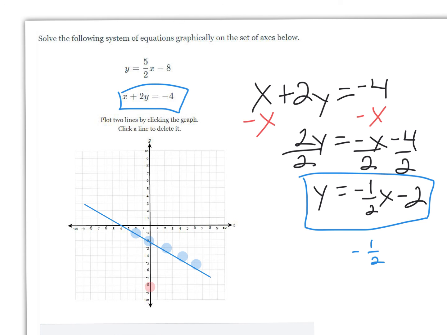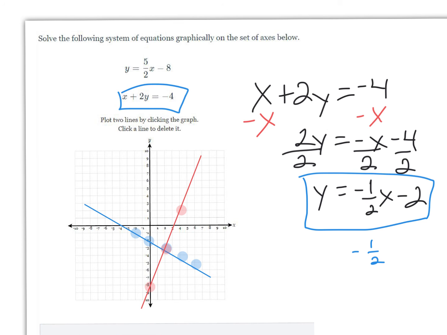So I'm going to go ahead and put that point on the graph. I could do it again, up 5 and over 2, and it would be right there. Okay, so we could draw this graph. And it would look something like that.